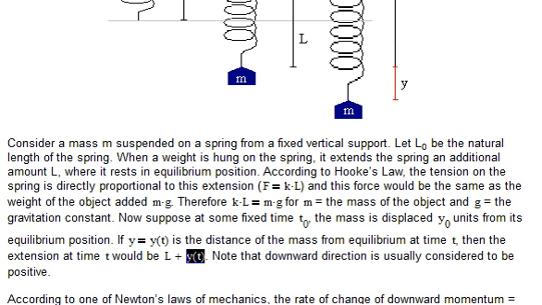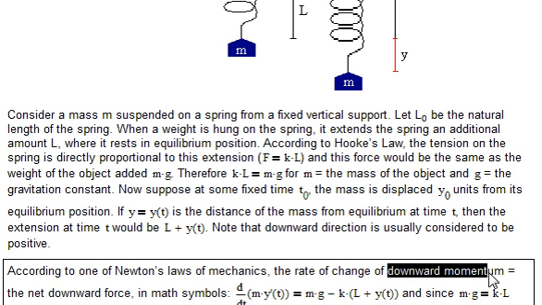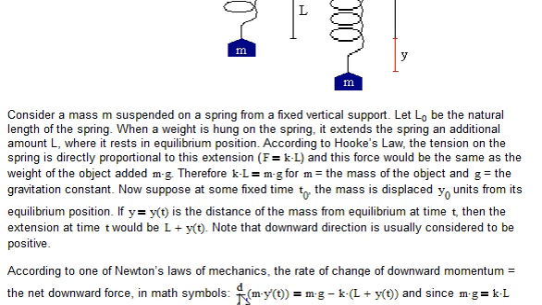Okay. According to one of Newton's laws of mechanics, the rate of change of downward momentum is equal to the net downward force. So in symbols, the rate of change of the downward momentum, which is the mass times the velocity, equals the net downward force.